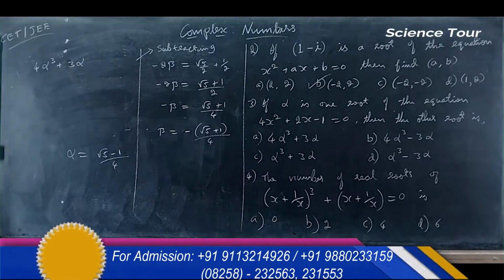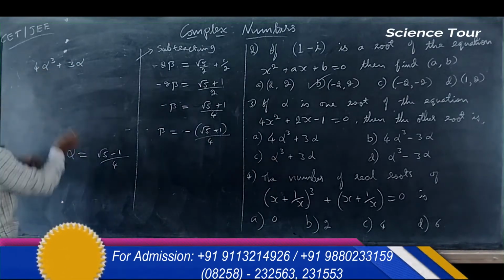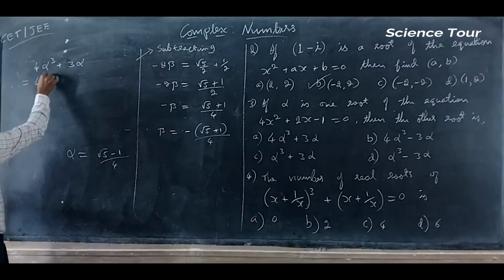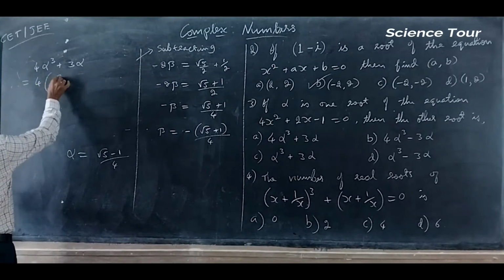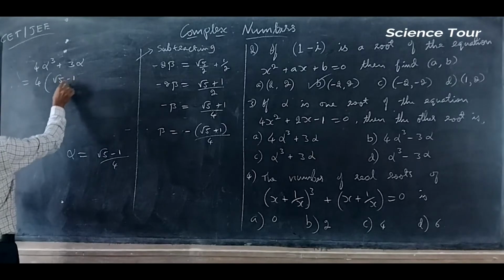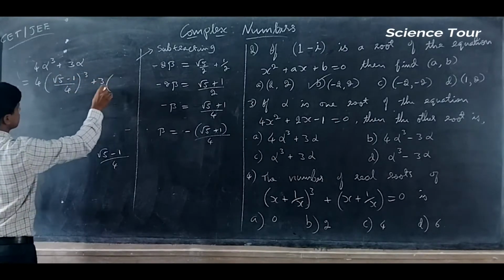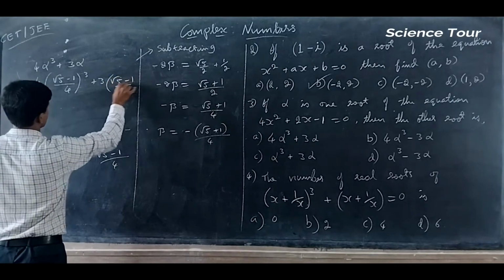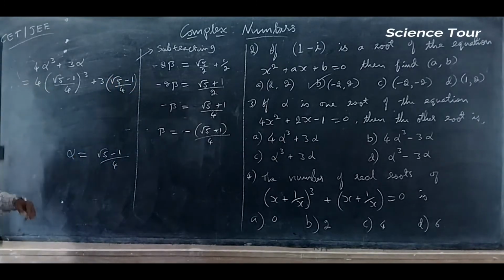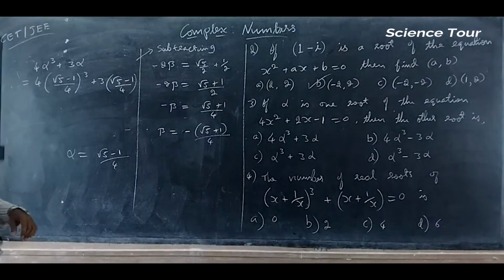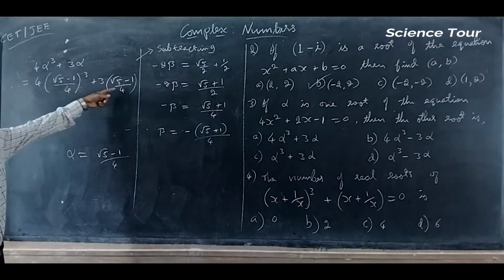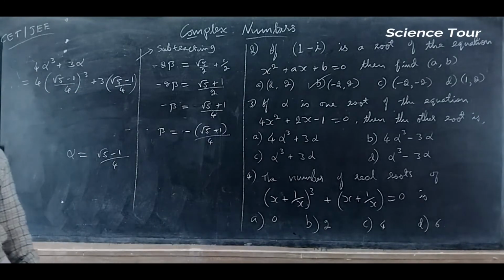Well, now what do I need to do? Substitute alpha. So 4 and then root 5 minus 1 divided by 4 the whole cube plus 3 into root 5 minus 1 divided by 4. Okay. So what I can do, see, this is the same quantity, so I can take that common.